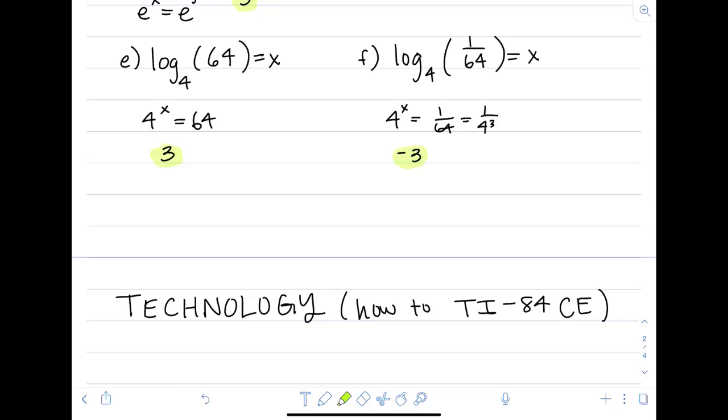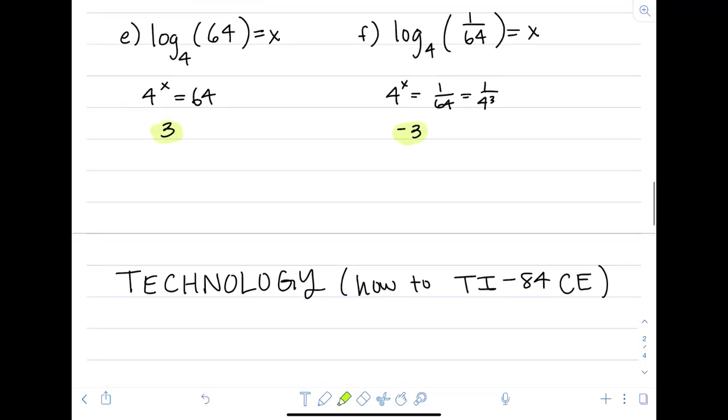So now that we've practiced simplifying some basics here, let's take a look at how we can do this on our TI-84. I'm going to demonstrate with a TI-84 CE. If you have a TI-83, it's going to depend on how up to date it is. But there is a workaround for TI-83s, and it won't be covered in this video, but it is something that's pretty easy to find online.